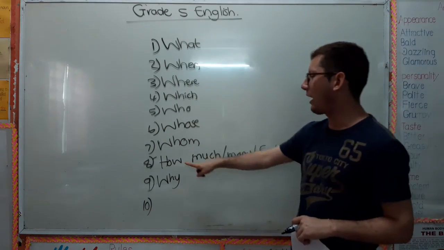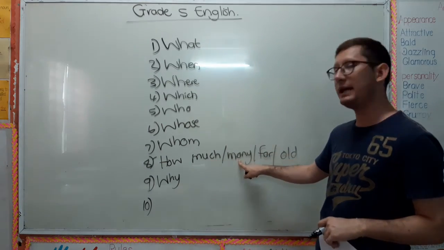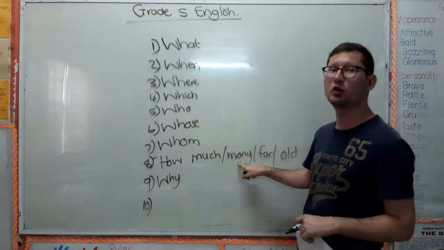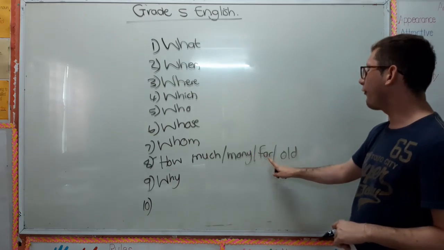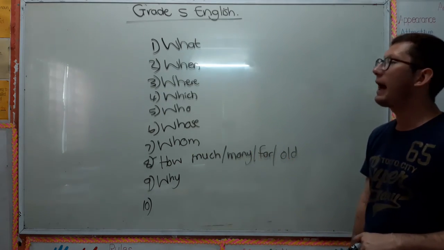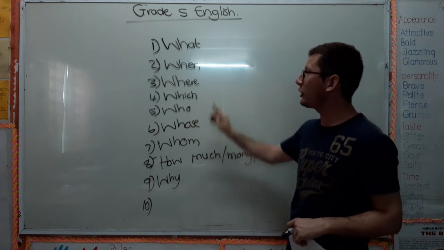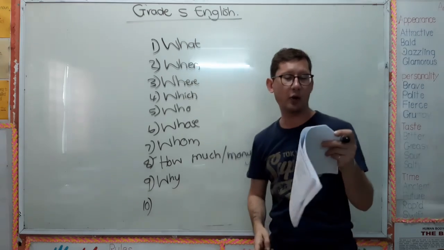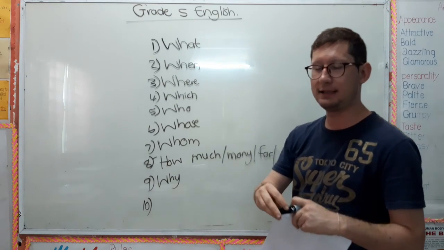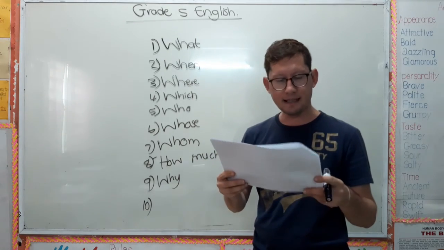So let's say this again. How much is uncountable. How many is countable, which will be a quantity. How far has to do with distance, and how old has to do with age. Okay guys, you need to know when to use these words in the test as well. There would be 10 sentences where you need to use the question words. Let's have a look at the next one.